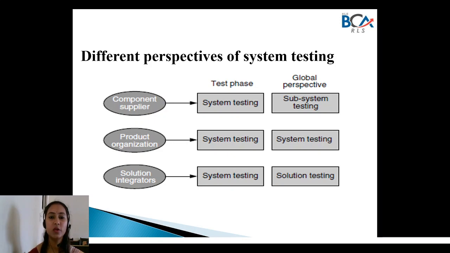So in this diagram you can see the component supplier is having some test phase. Okay, so a global perspective is also considered. Subsystem testing is done with the global perspective, and for the product organization you are doing the system testing. Also with the global perspective you will do the complete testing, which is your system testing. Solution integrators also perform system testing, and with the global perspective they perform the solution testing.